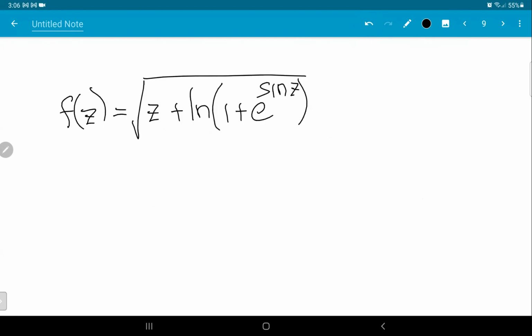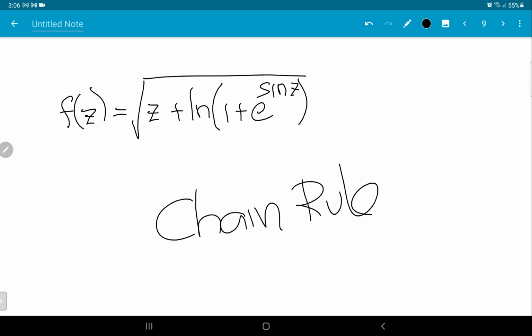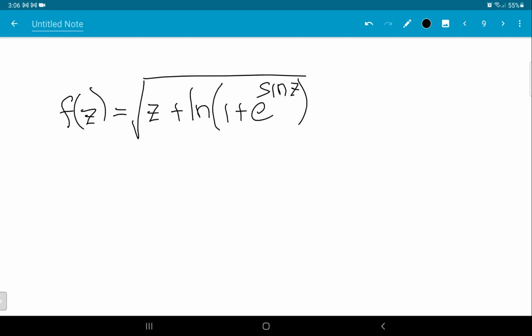Now here we need a series of chain rules to get the derivative. You need the chain rule for powers, chain rule for logarithms, and then chain rule for exponentials. Okay. Minutes.